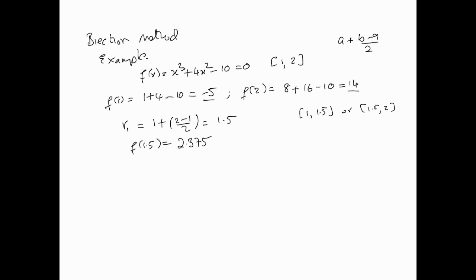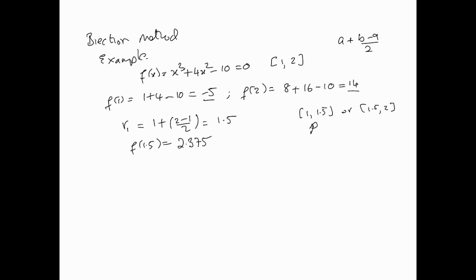It's in one of these two. Since f of 1.5 is 2.375 and f of 1 is negative, the root is between these two values, clearly, because f of 1.5 is positive.